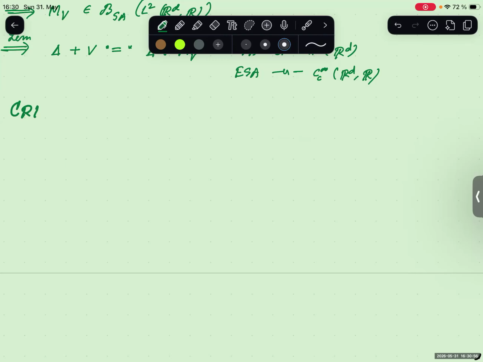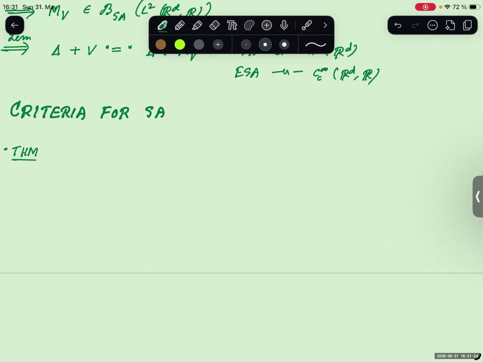Criteria, because there is more than one, for self-adjointness. So the first theorem I want to show.